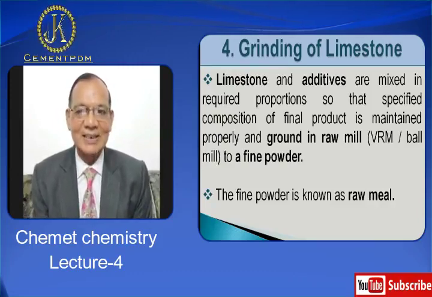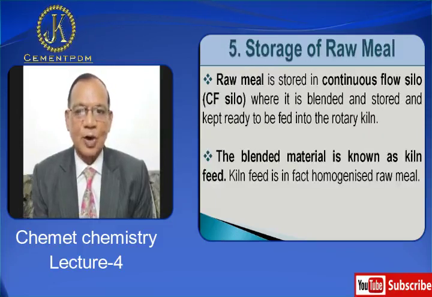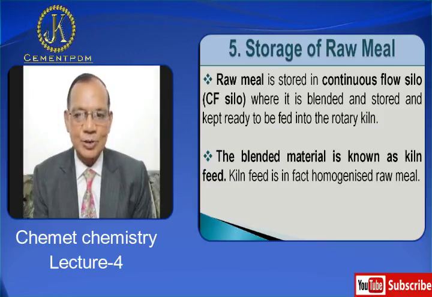Next stage is storage of raw meal. Raw meal is stored in continuous flow silo, that is shear silo, where it is blended and stored and kept ready to be fed into the rotary kiln. The blended material is known as kiln feed.